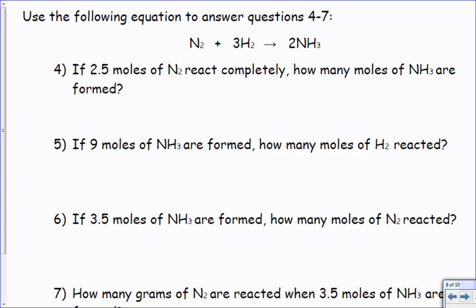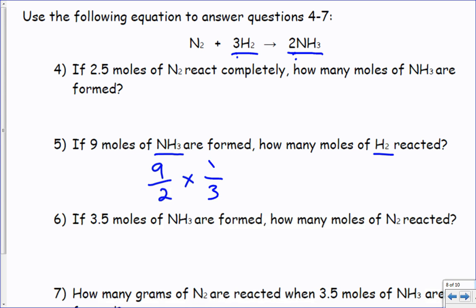Oh, look, we have more practice. All right, let me do number 5. It says I have 9 moles of ammonia, and ammonia here has a 2. So that's going to be 9 over 2 equals x over the moles of H2. This 2 and the 3 are in the balanced chemical equation, so they need to be in the same position, denominator, numerator, whatever I picked.